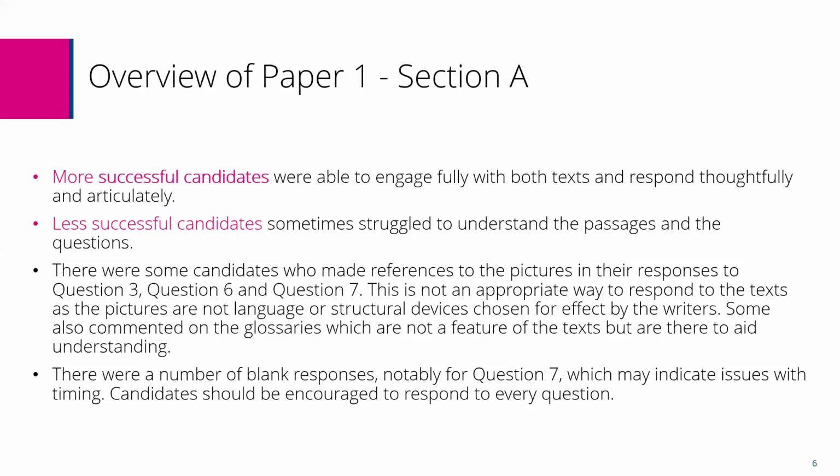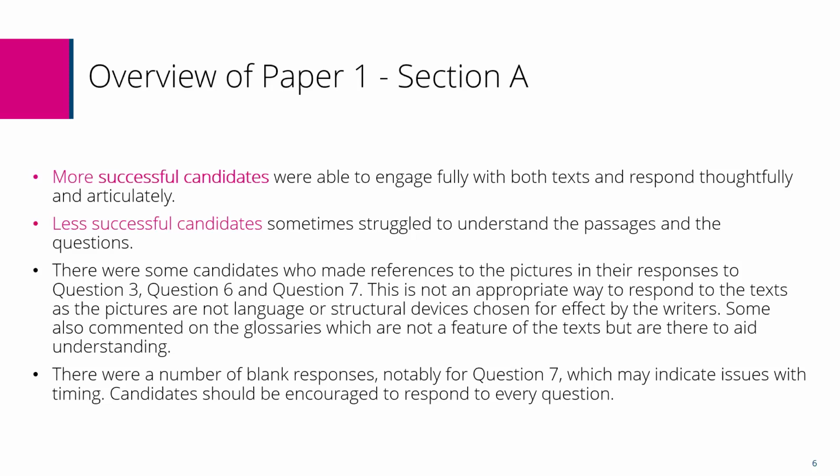More successful candidates were able to engage fully with both texts and respond thoughtfully and articulately. Less successful candidates sometimes struggled to understand the passages and the questions. There were some candidates who made references to the pictures in their responses to question 3, question 6 and question 7.